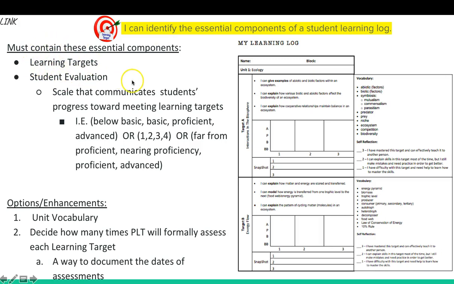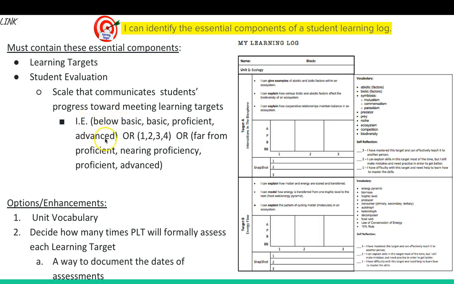So you have to have your learning targets. So again, here are the learning targets for the ecology unit. You also have to have a student evaluation. So here are students evaluating themselves, their self-reflection. I've mastered this target and can effectively teach it to another person, 1, 2, 3, or 4. But with that scale that communicates student learning, you also have to have a way to rate that or to communicate that.